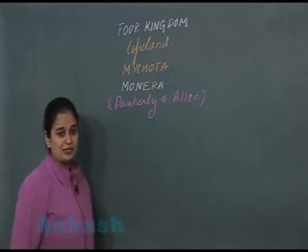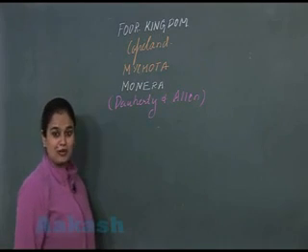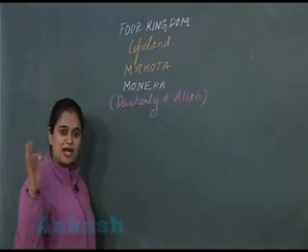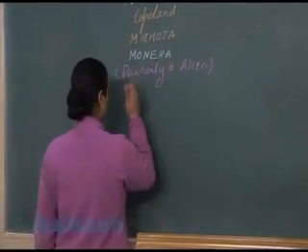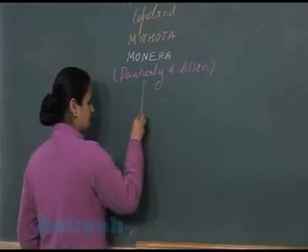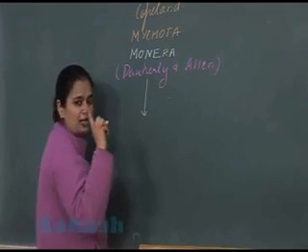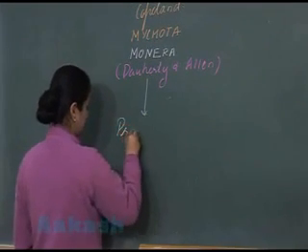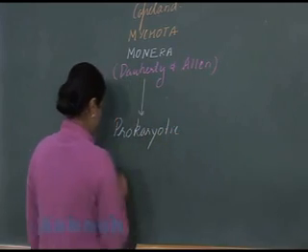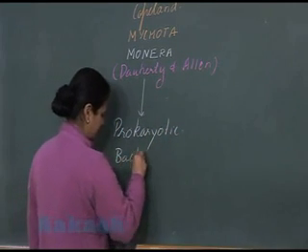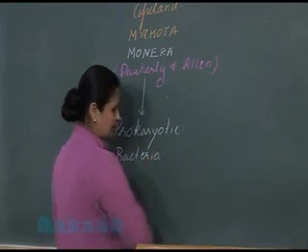Just now we have discussed that in prokaryotic organisms, a well-defined nucleus is absent. So kingdom Monera is booked for only one group of organisms, that is prokaryotic ones, and in this prokaryotic group there comes the bacteria.